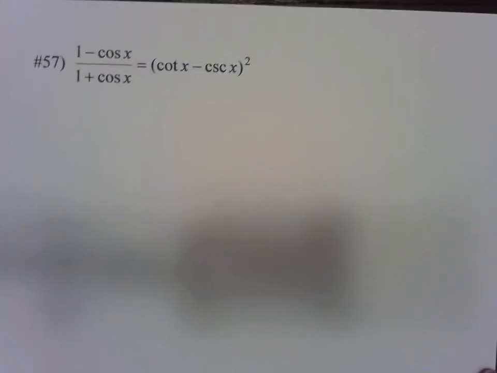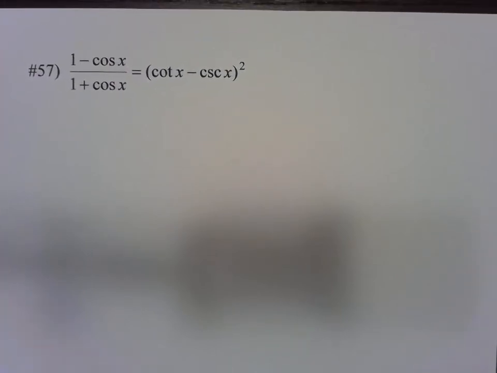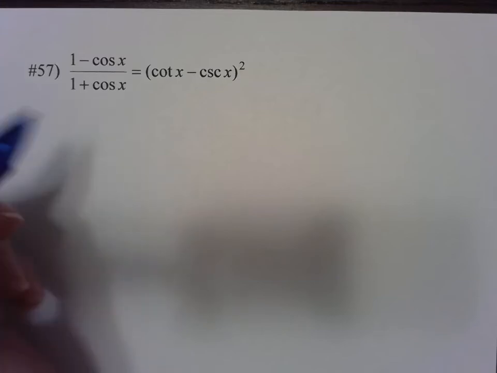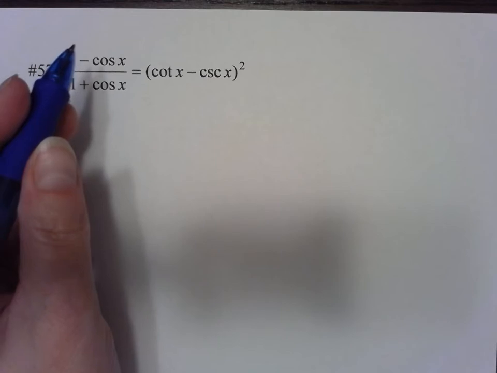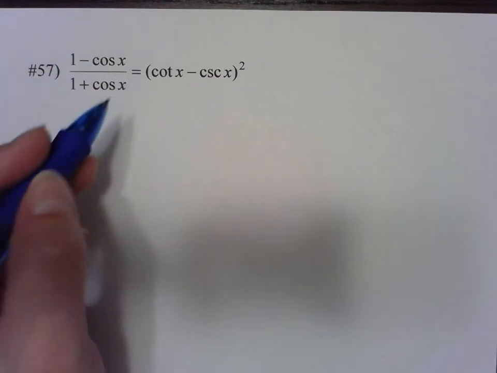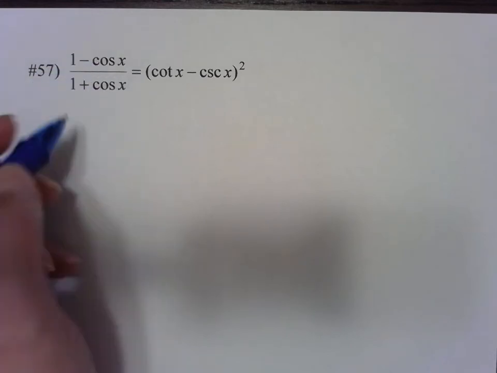I think I've got one more. Let's try this one. Again, you want to pick a side to start with. And like I said, there's not really one right answer. I'm going to choose the left-hand side because I really want to show you a method that we mentioned earlier.